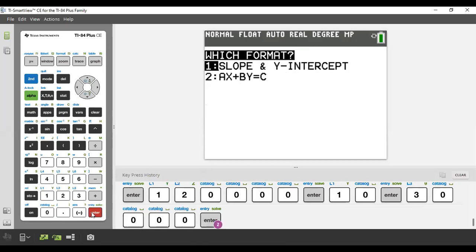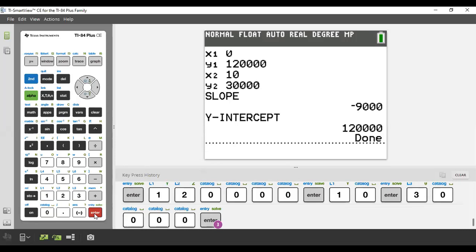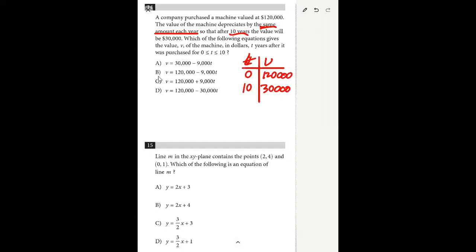So we choose option 1, and we want it in slope-intercept form, so we choose 1. It tells you that the slope is negative 9,000, and the y-intercept is 120,000. If we go over to our answer choices, it would be answer choice B. Okay, got it? So this is option number 1, 2 points.